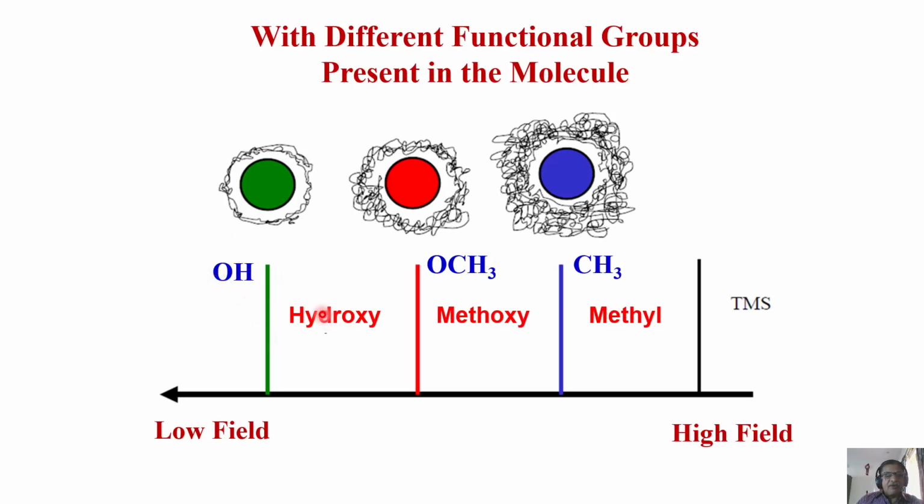As a consequence, what happens? The OH peak comes downfield. So in a molecule containing three different functional groups, for example, CH3, OCH3 and OH, the logical conclusion is CH3 should come here, then OCH3 and OH when you go from high field to low field.